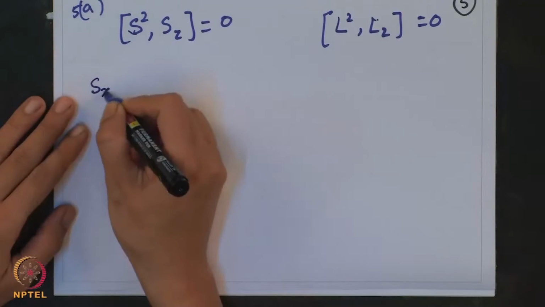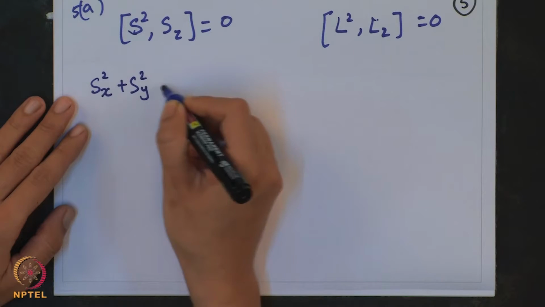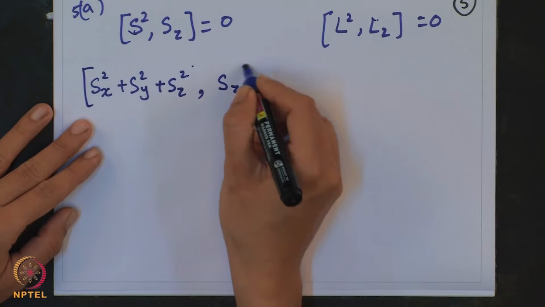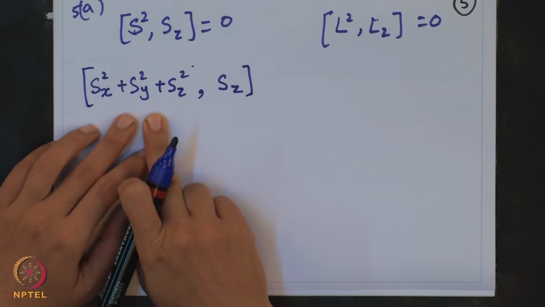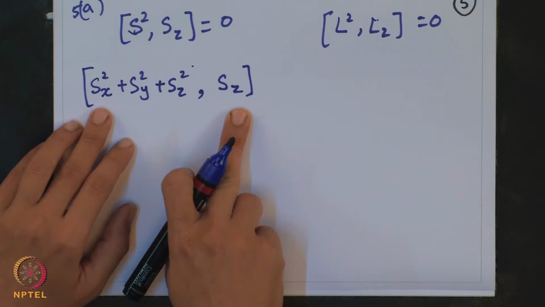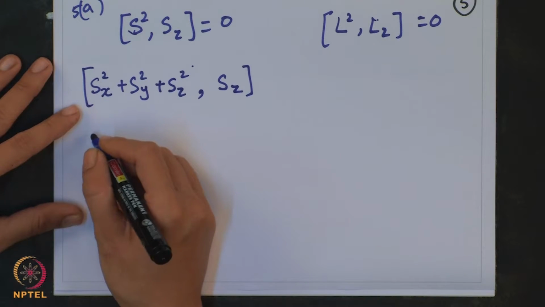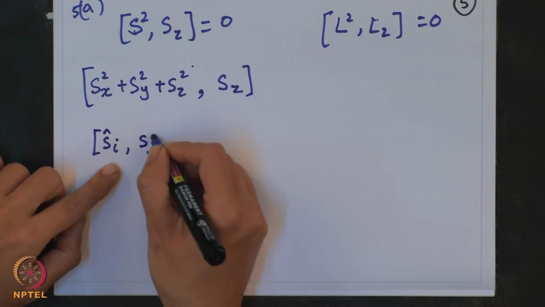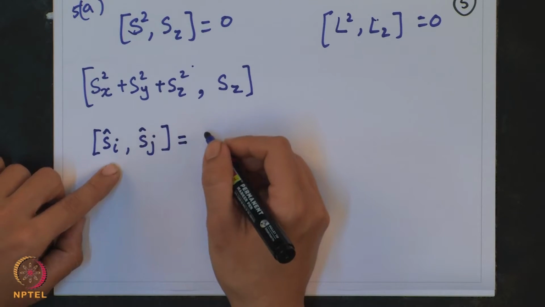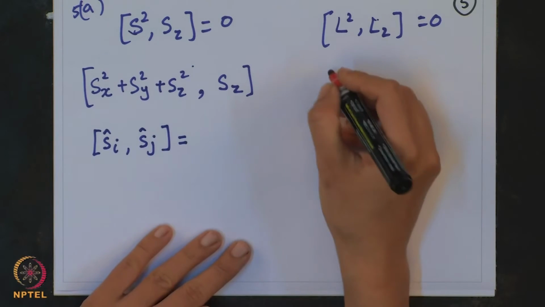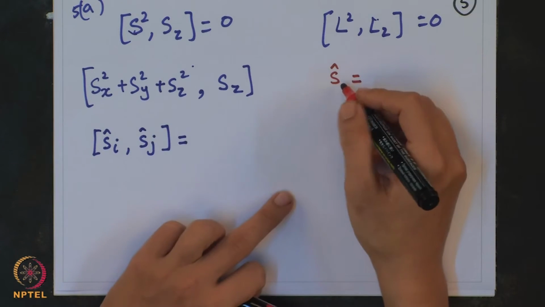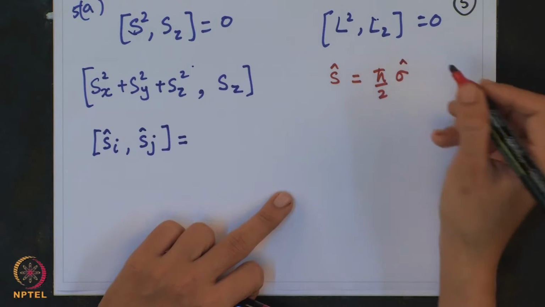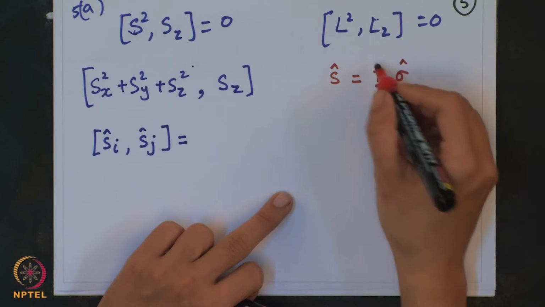You can write S square as Sx square plus Sy square plus Sz square, correct. You have to find the commutator of Sx square with Sz. In general, recollect that the spin operator can be written in terms of Pauli matrices, which we have discussed already, or you might have seen in the class at least once.